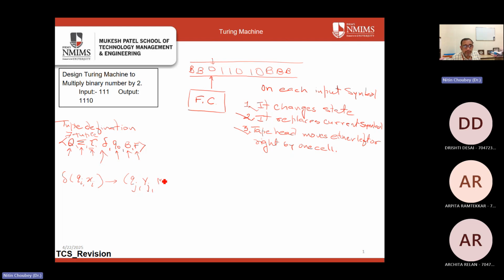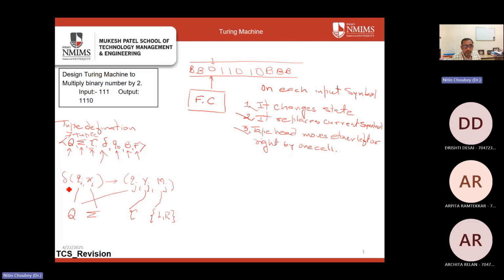Let's refer to it as mj. Here qi and qj belong to capital Q, xi belongs to Σ, yj belongs to Γ, and mj is either L or R.